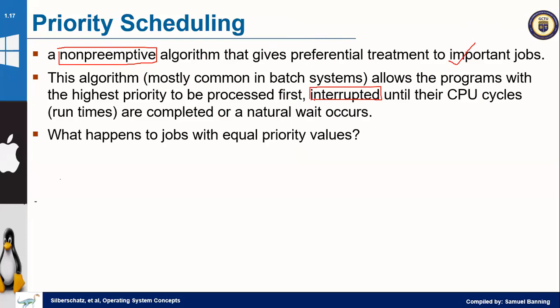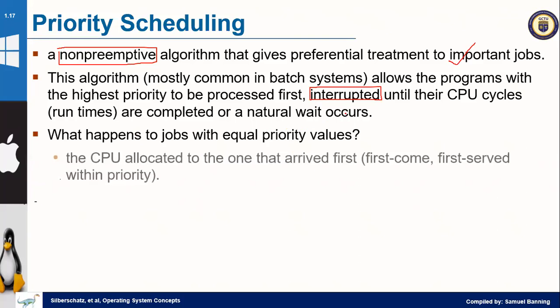This is uninterrupted, not interrupted. Now, in this, we are worried about the jobs that have equal priorities. If 2 ambulances arrive at the same time, what will happen? In that case, the first come, first serve is used. So the ambulance that arrived first will be taken care of. We are talking about jobs that have equal priorities.